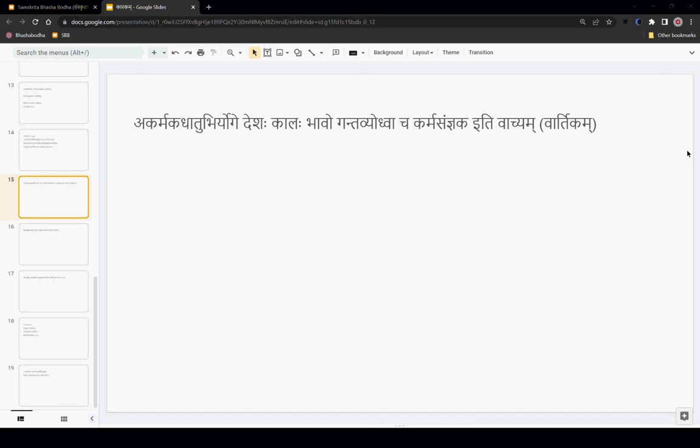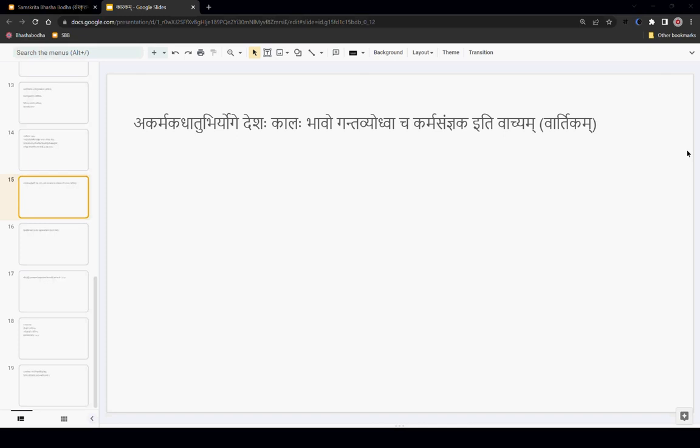Otherwise, put that in the saptami in the case of desha. But kala, masam vasati, because when somebody is living there, he has to live the entire time there. And with bhava, there is godohanam aste, or veda pathanam aste. In that case, if he is staying for the entire pathana kala, then you can use it. And then gantavya adhva, we talked about how it has to be a particular unit, like krosha.